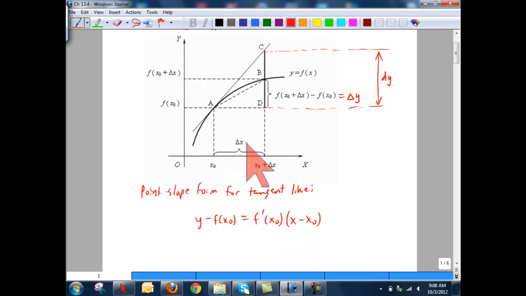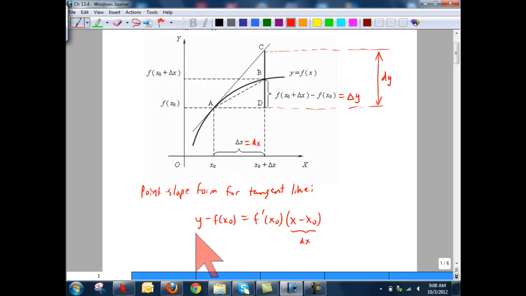Okay, let's agree to identify the notation delta x and dx and say they're the same thing, and it's right here. And now if you think about it, dy divided by dx, change in y divided by change in x, is slope of this line.